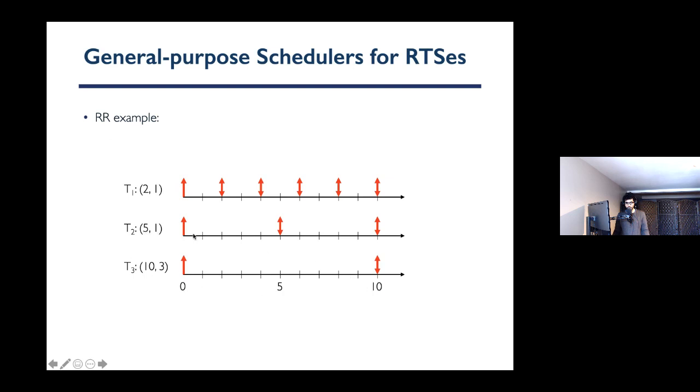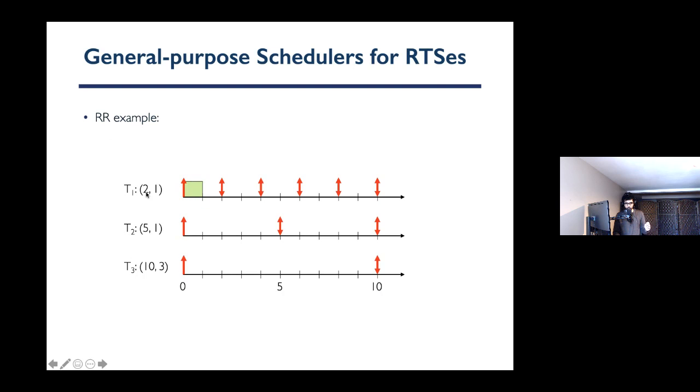Task 2 has 5, so 0, 5, and 10. Task 1 has 2, so 0, 2, 4, 6, 8, and 10. Now, let's do round robin, assuming that T1 is the first one in the queue, T2 is the second one, and T3 is the third one.